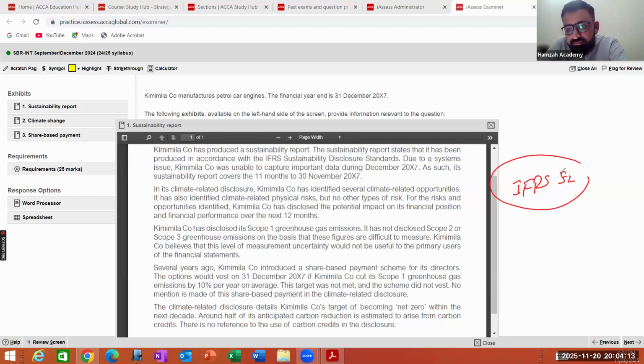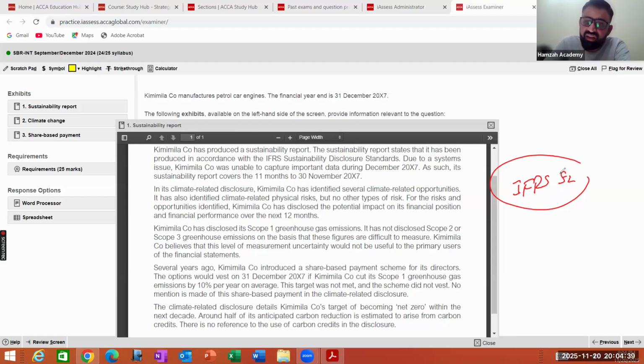For example, the carbon dioxide emission from the company vehicles, the vehicles which the company is using, carbon dioxide emission from the boilers, from the machinery, from the furnaces of the company, or the environmental damage caused from the company facilities directly, that is known as scope 1.